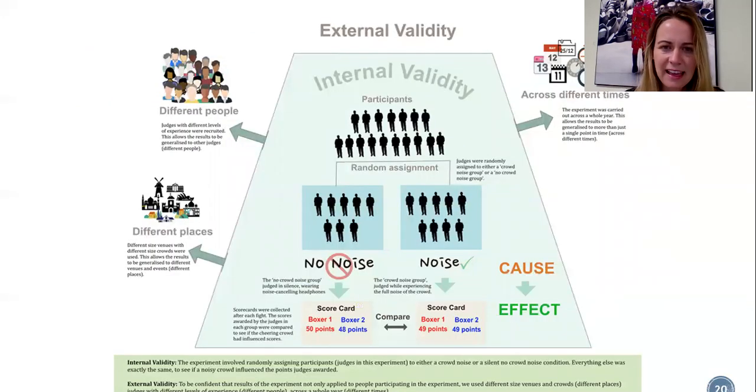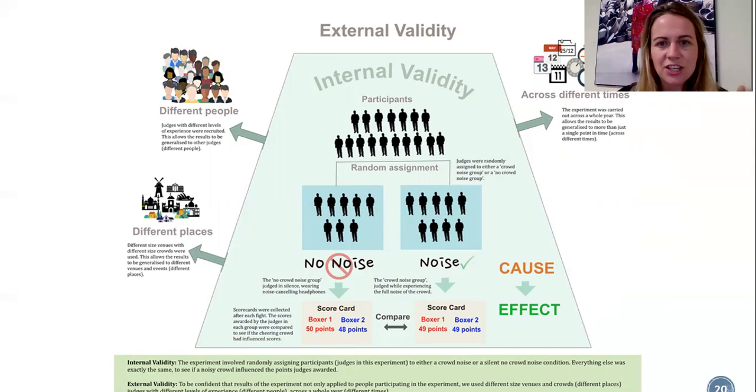In this study, they recruited participants to be judges, and these judges were randomly assigned to one of two conditions, a crowd noise group or a crowd no noise group. In the no noise group, they simply wore headphones and couldn't hear whether the crowd was cheering for a particular fighter or not.